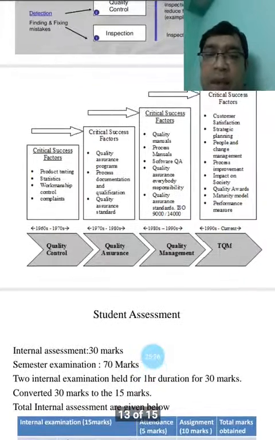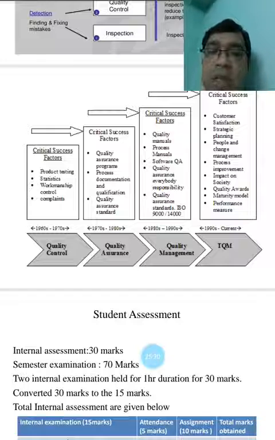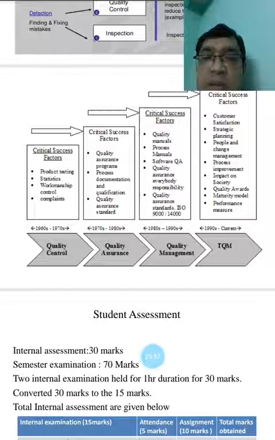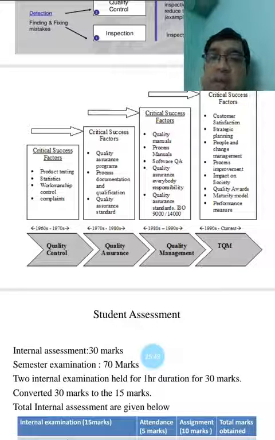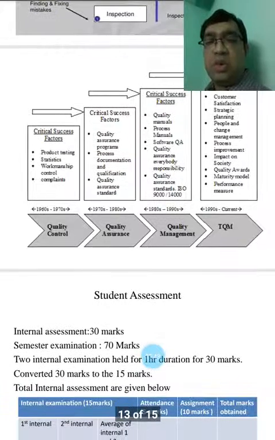And again, for 1980 to 1990, the critical success factors considered are quality manuals, process manuals and software quality assurance. The first to be considered is software quality assurance.